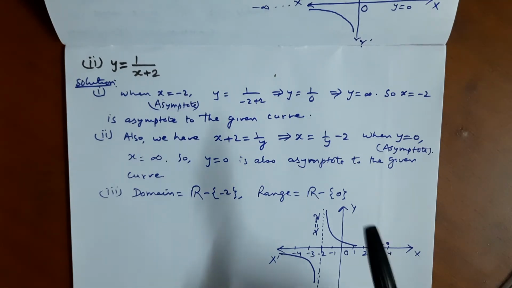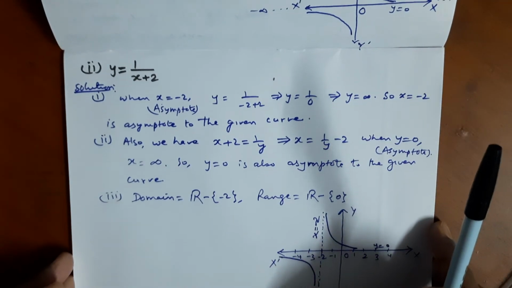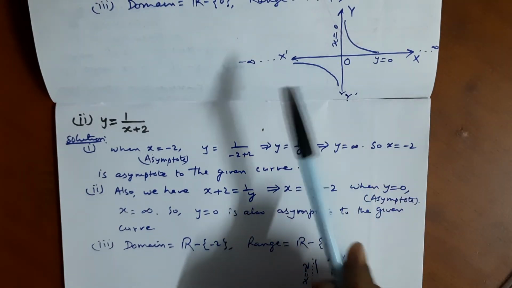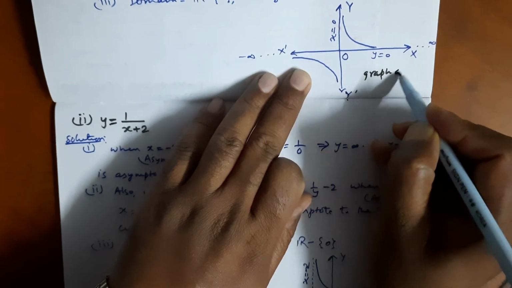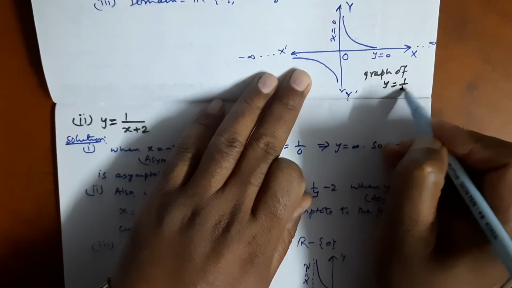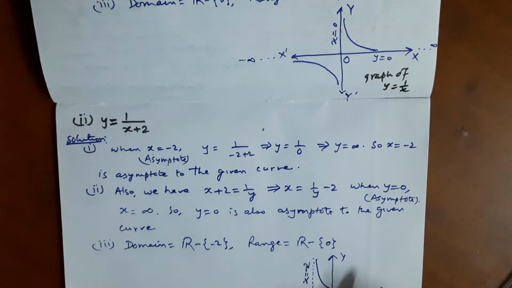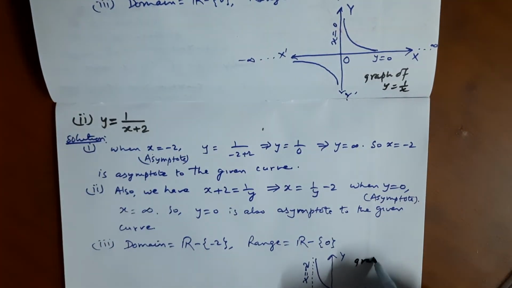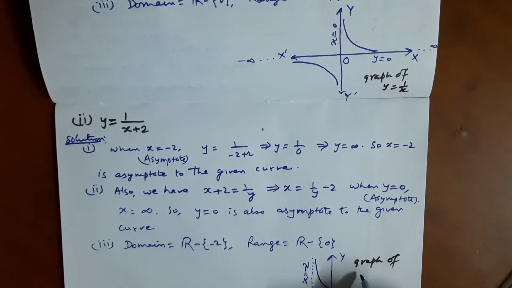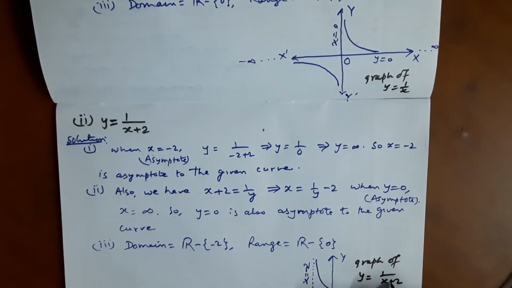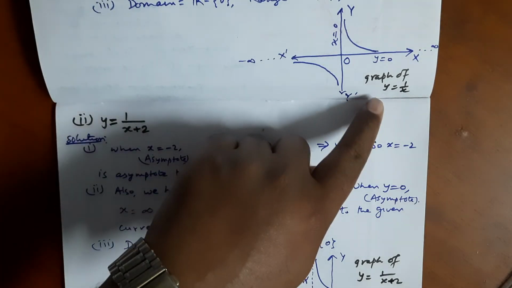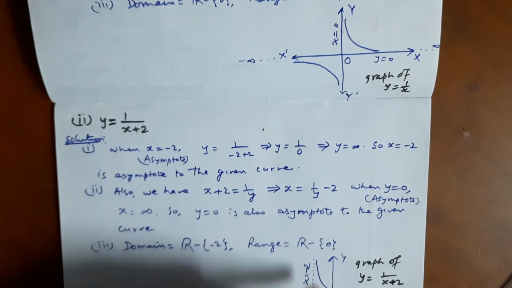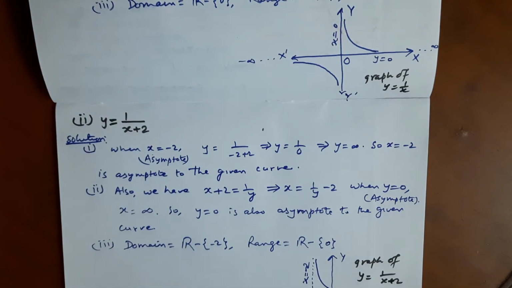Okay, so here previously I have shown the graph of y equals 1 over x, and this is the graph of y equals 1 over x plus 2. Okay, so this is the translation of this graph of y equals 1 over x by 2 steps to the left.